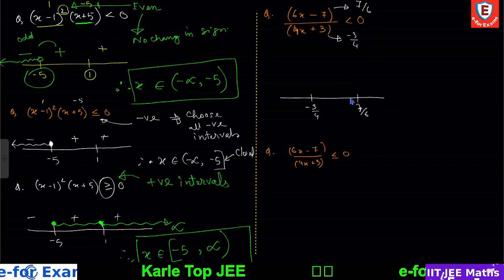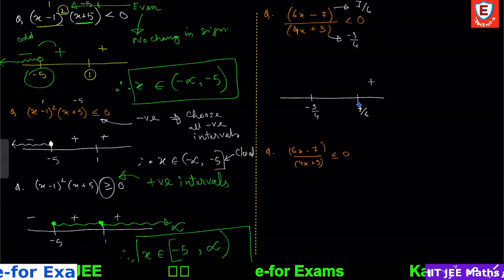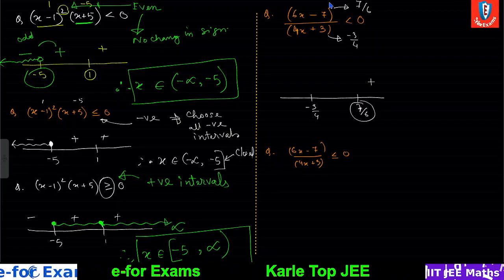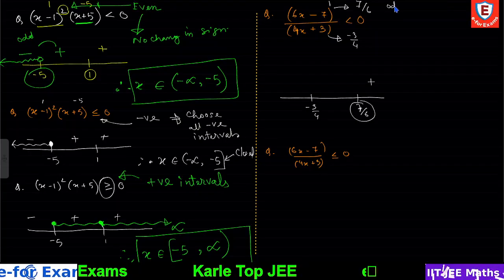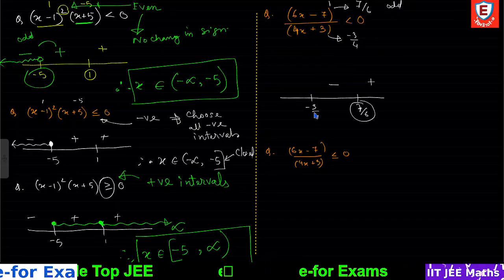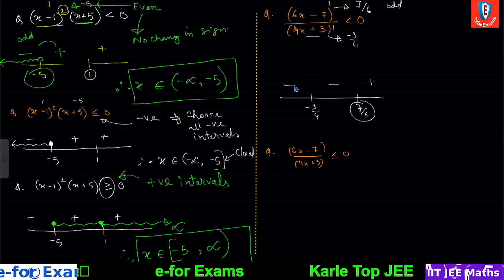So rightmost side put a plus sign here. 7 by 6. Check 7 by 6 power. Here the power is 1. Power is odd, so it will be minus. Again minus 3 by 4 from here. Power is 1, odd, so it will again change back to plus.